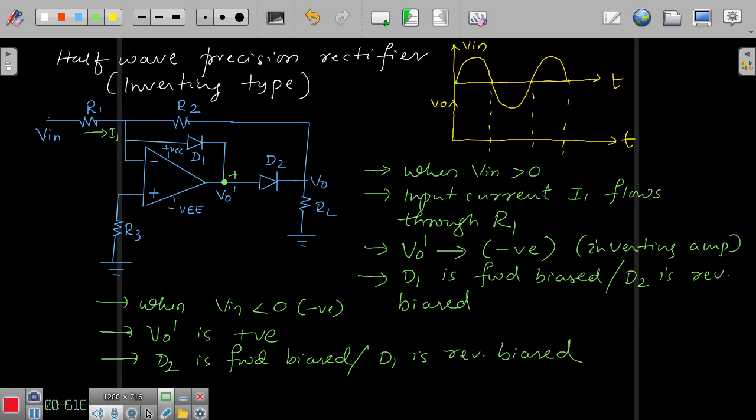Now the op amp acts as an inverting amplifier, so you will get the output here.